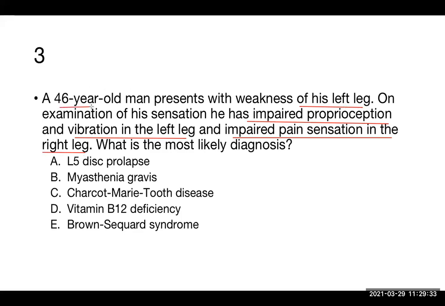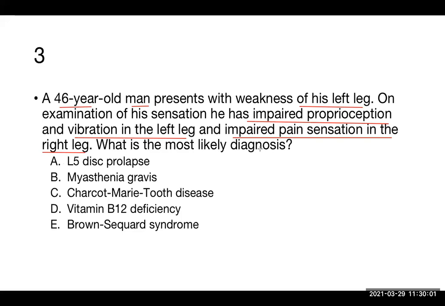So age is 46 years, male, weakness of his left leg. That's the chief complaint. On examination, he has impaired proprioception and vibration of the left leg and impaired pain sensation in the right leg. So see this, weakness is present on the left leg, impaired proprioception and vibration is also present in the left leg, but pain sensation is impaired in the right leg.